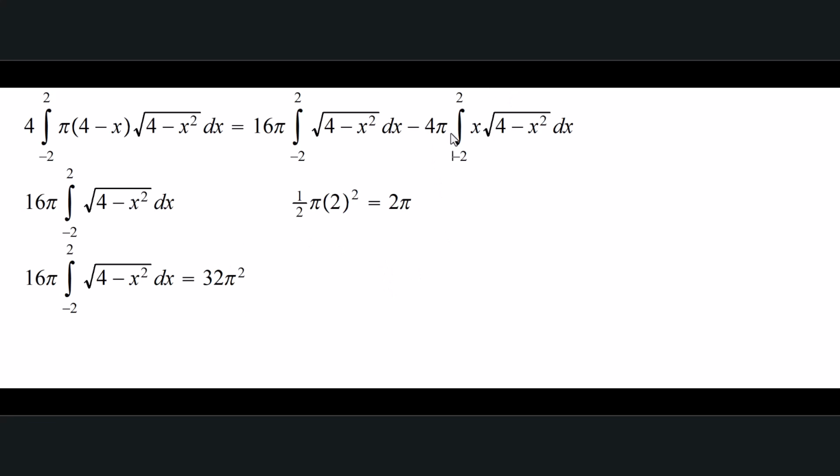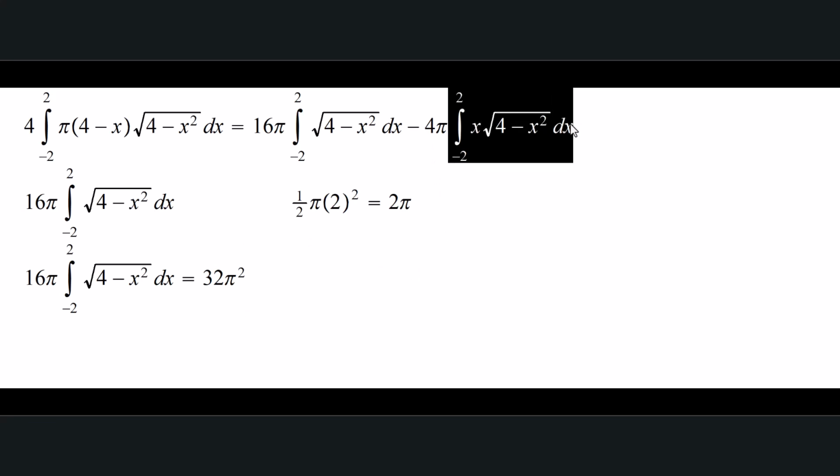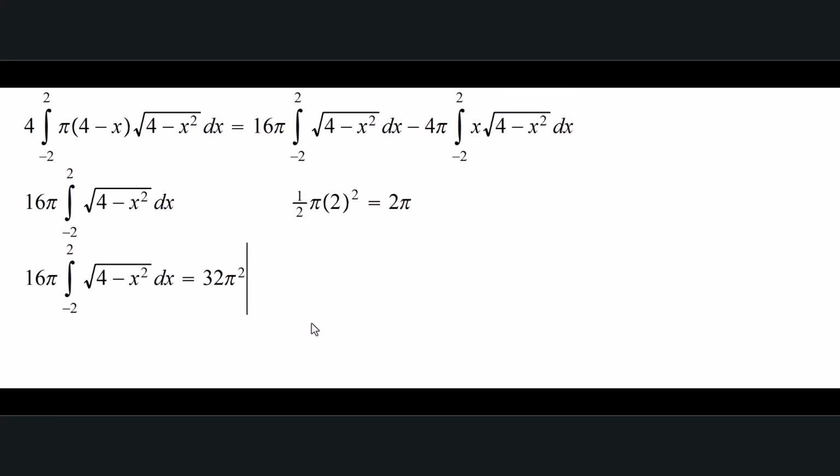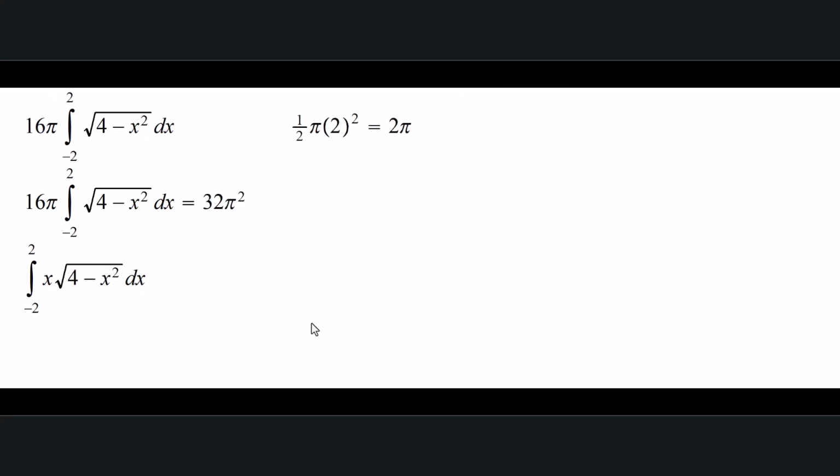Now let's go to this portion here. What we can notice is that this function is an odd function of x. If I replace x by negative x, they are negatives of each other.